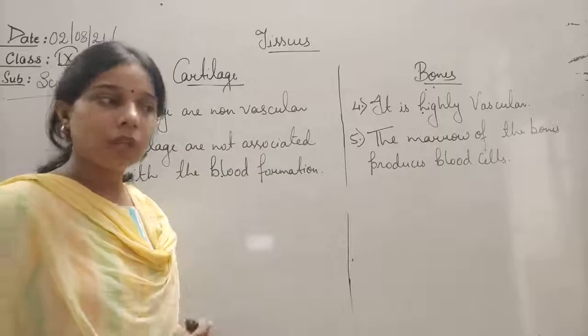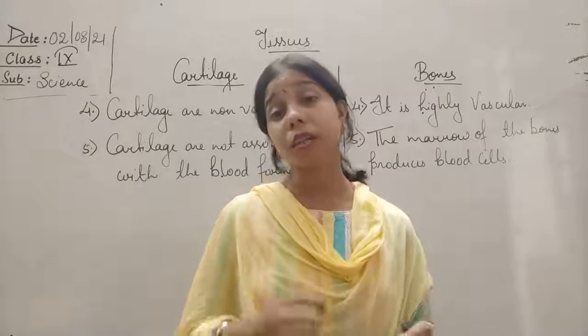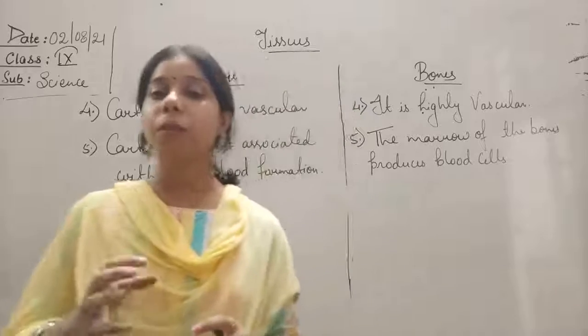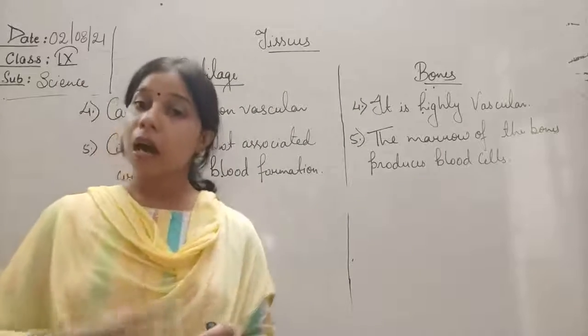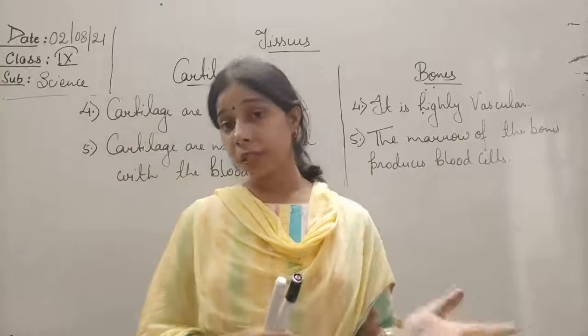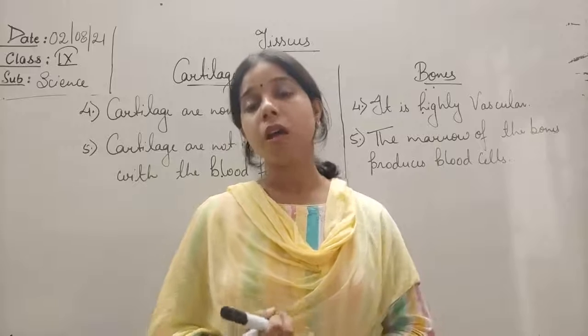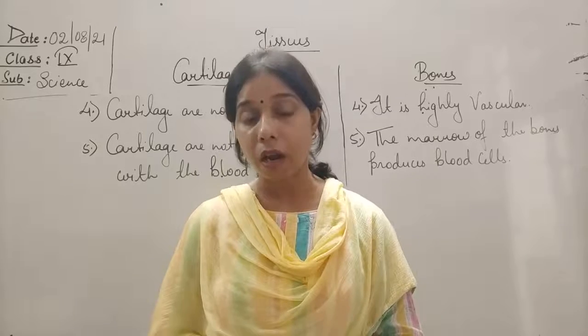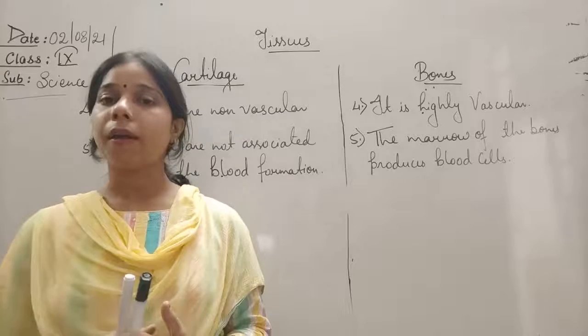Till now in case of connective tissue, we have understood how it helps in providing support and strength to the body. Now let us see how it helps in protecting the body from germs, as well as how the transportation of material occurs. All these things are done by blood.